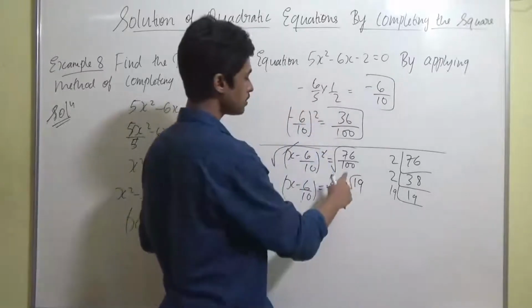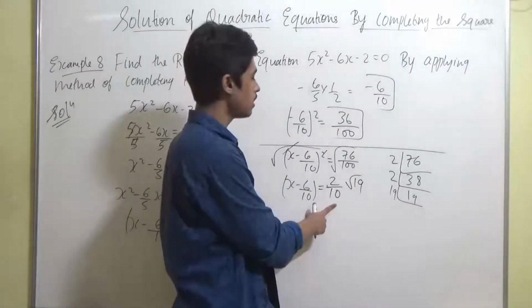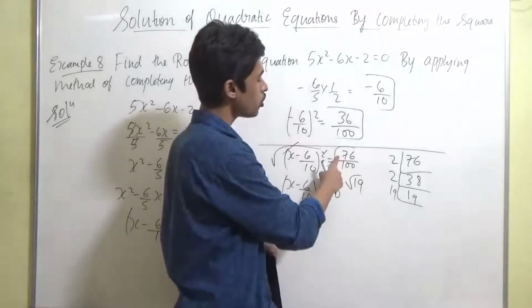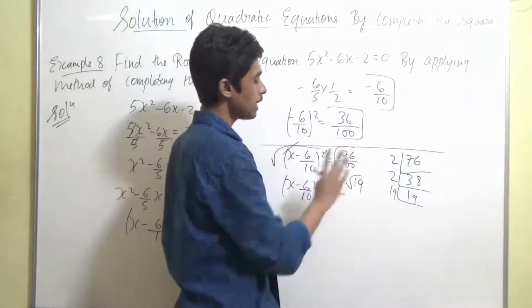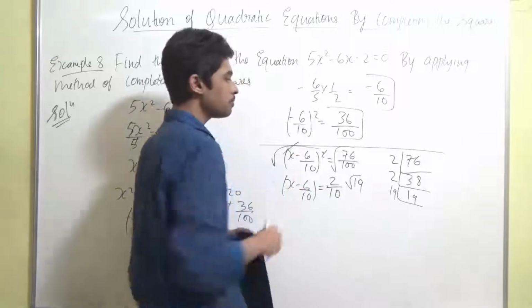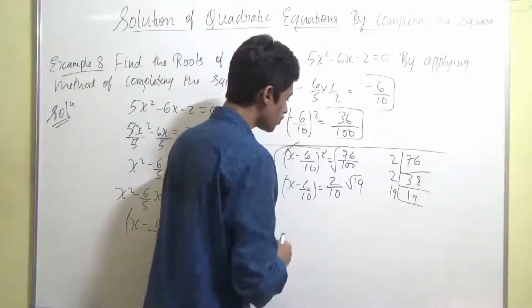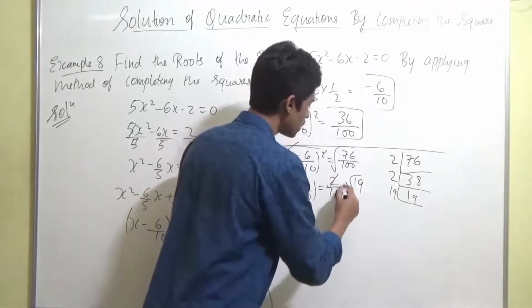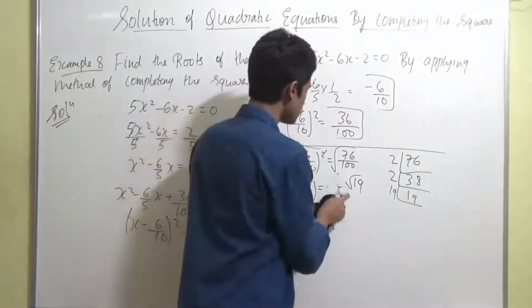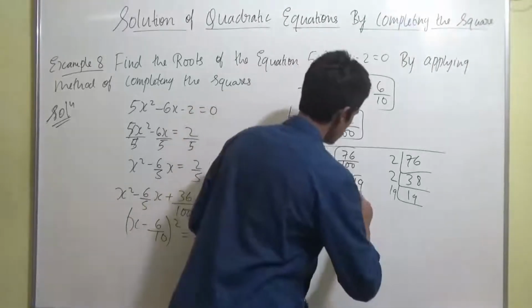Getting it, guys? Because this 100 came out as 10 after taking the root, and this root of 76 became 2 root 19. You will get it from prime factorization. Done. Now we can simplify this further. This becomes like 1 by 5. Getting it? So this becomes finally like root of 19 by 5.